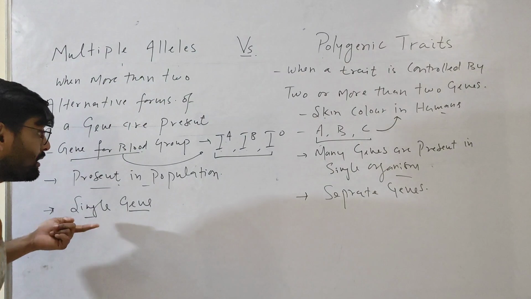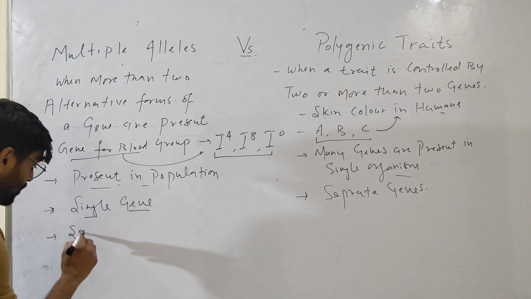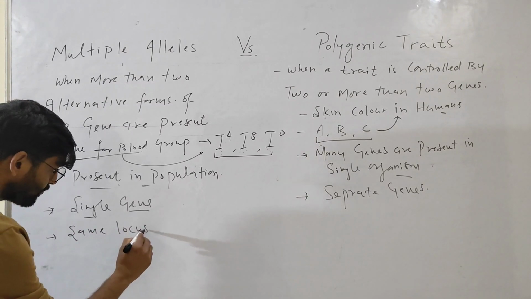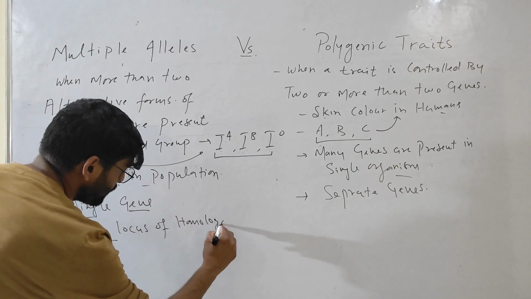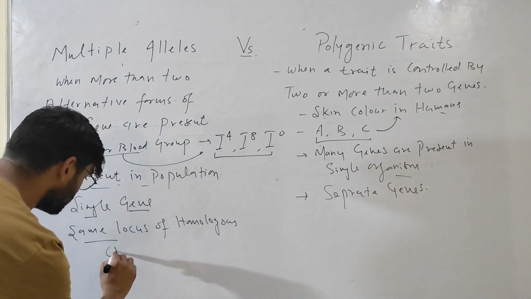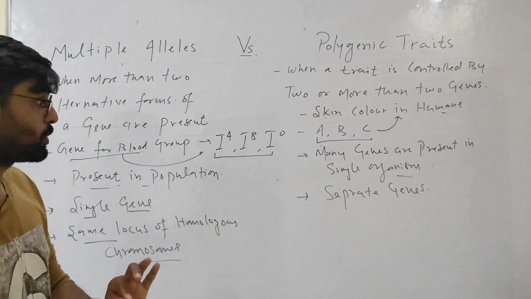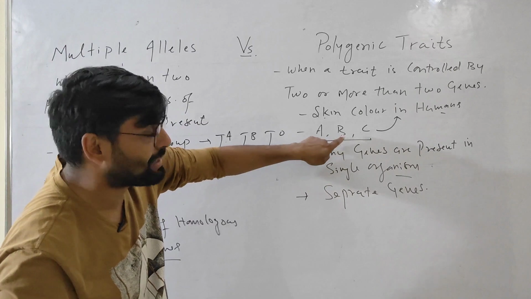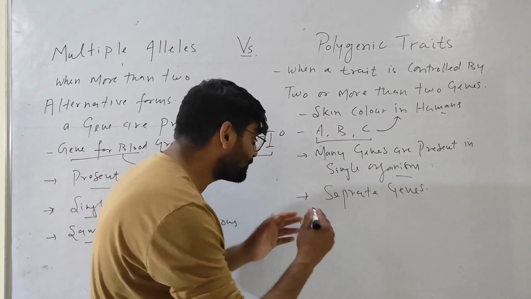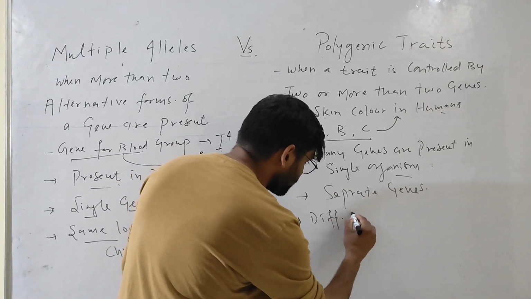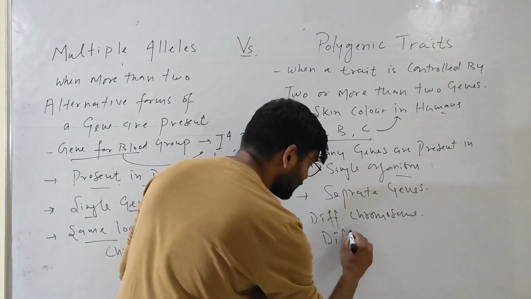And these alleles, IA, IB, I naught, are present on the same locus of homologous chromosomes. But these genes, capital A, capital B, capital C, in case of polygenic trait, are present on different chromosomes and different loci.